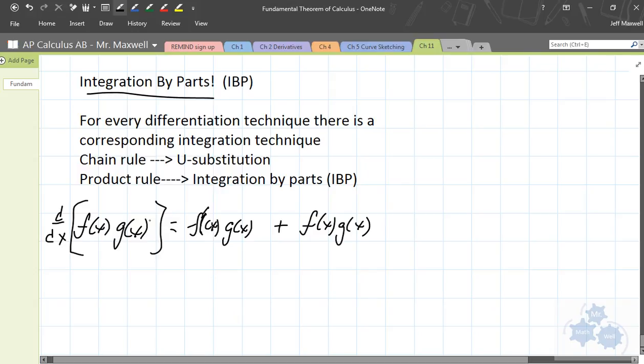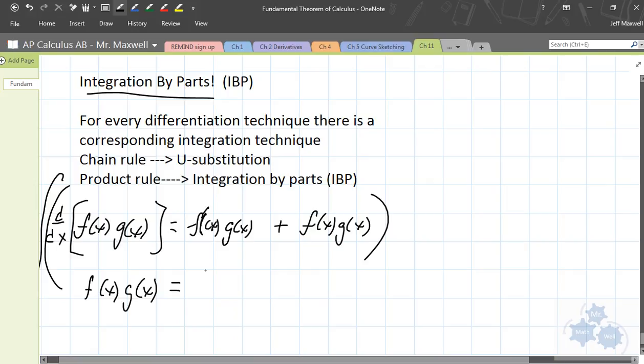Now let's just say that we want to integrate this whole situation here. If I take the integral of everything you see here, well, integration is the opposite of differentiation. So I end up with f of x, g of x back, right? Taking the integral is undoing the derivative.